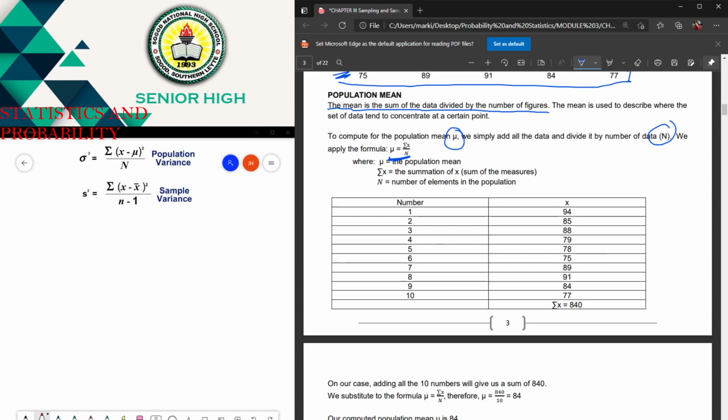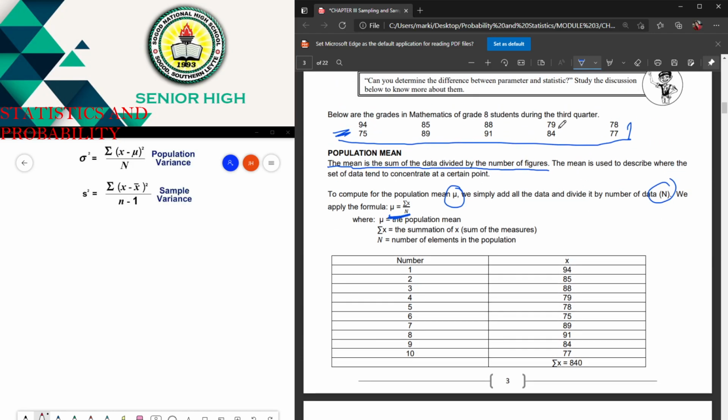So when you say the population, let's have here the given. We are looking for mu, the mean, which is the summation of X over N, the big letter N. It would be easier if you make a table for X. You just list down all the data here.